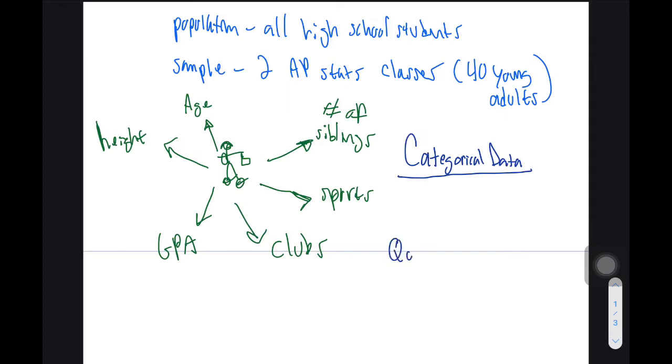And the other one is quantitative data. Derives from the word quantity. Difference here: quantitative data is something that you can measure in numbers, in units. Categorical data is more of categories.